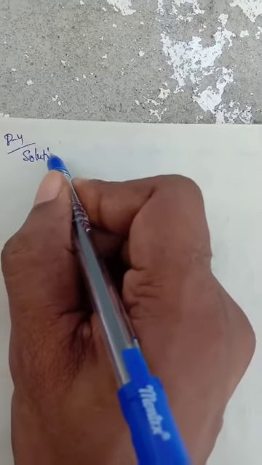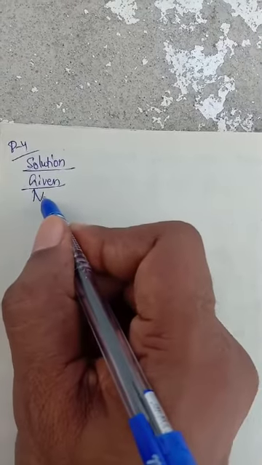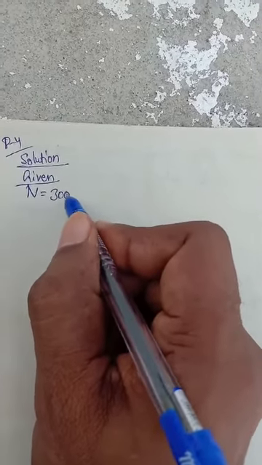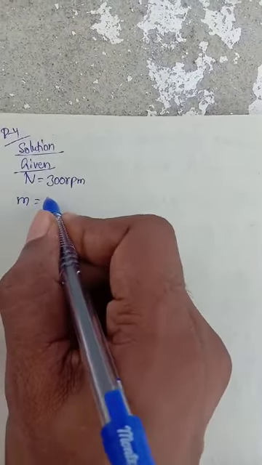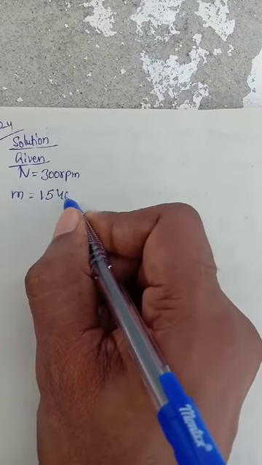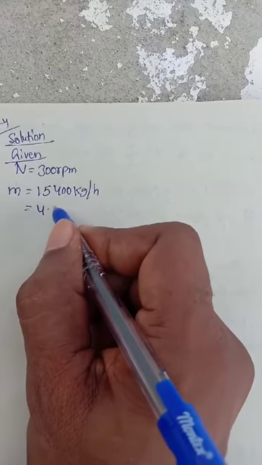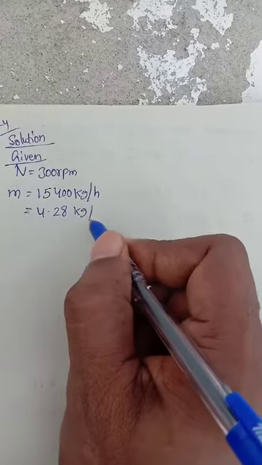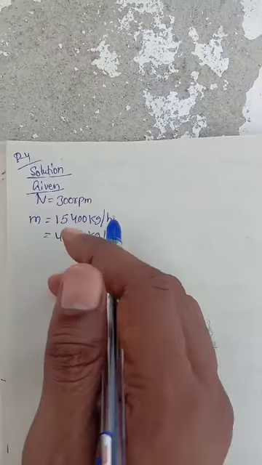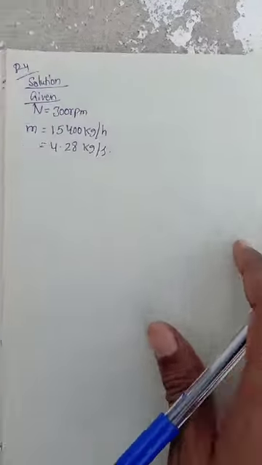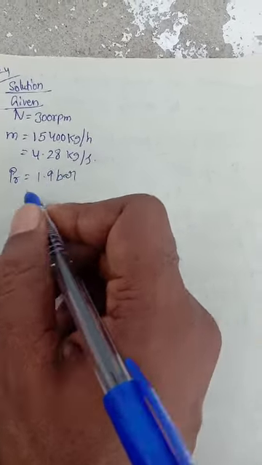Solution. Given: N is 300 rpm, and mass m is equal to 15,400 kg per hour, but we need to change it to kg per second, that is divided by 3600. Pressure is given, 1.9 bar.